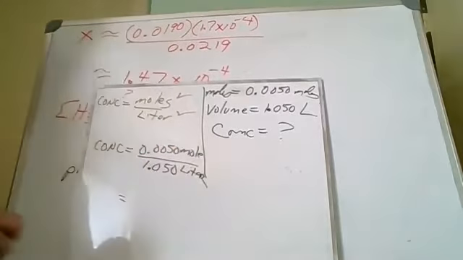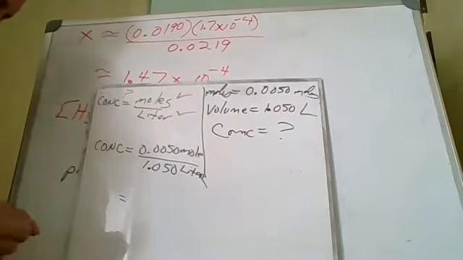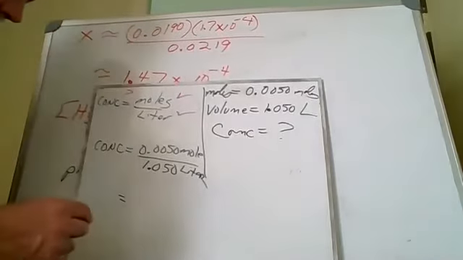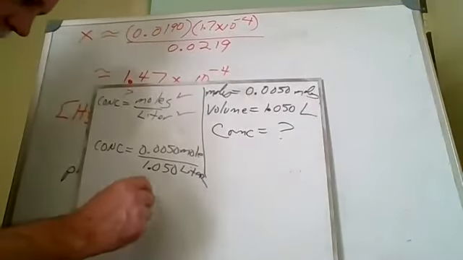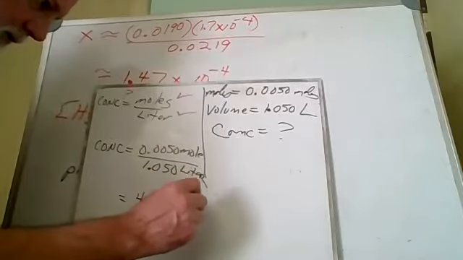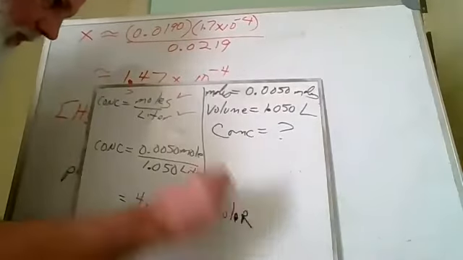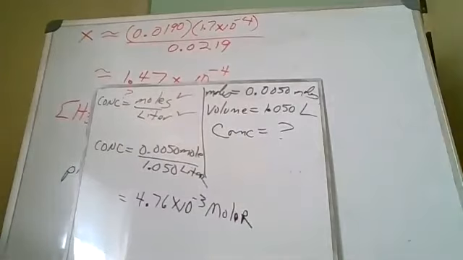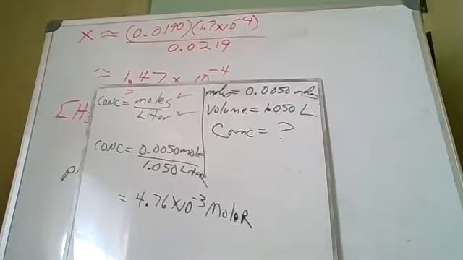And we get out the calculator. 0.0050 divided by 1.05 equals, and I get 4.76 times 10 to the negative third molar. Okay? So that's the concentration of hydroxide, all right, with no buffer.